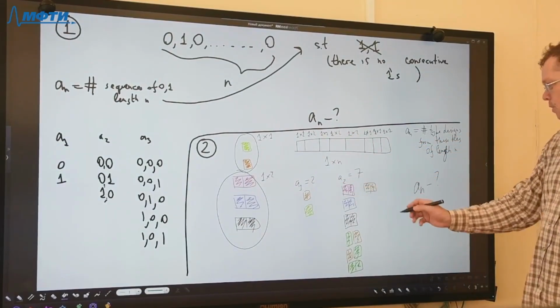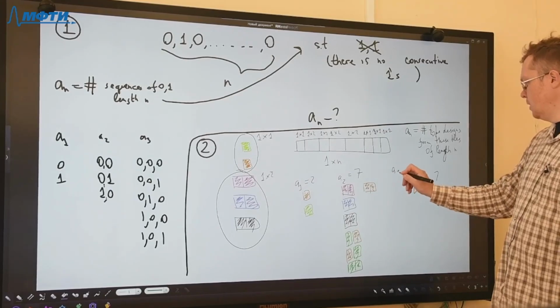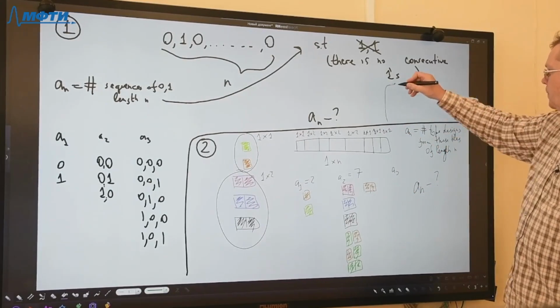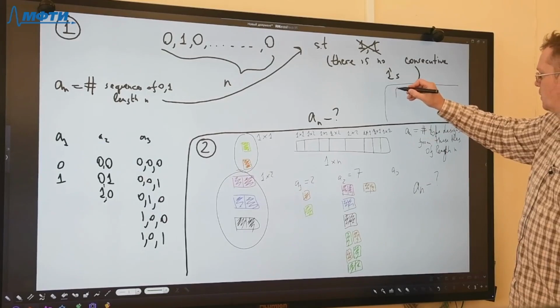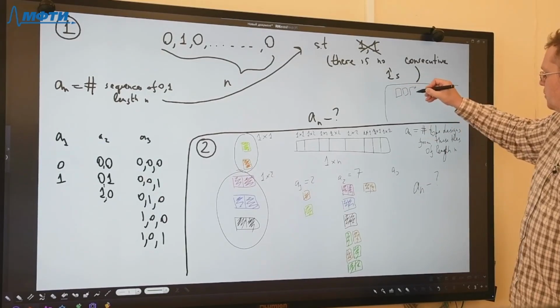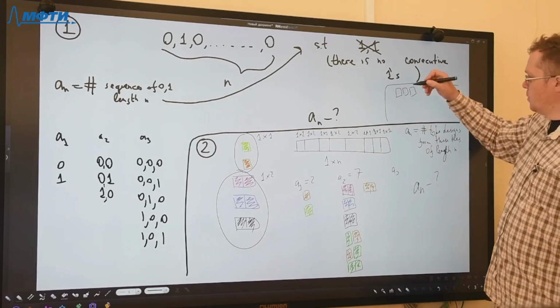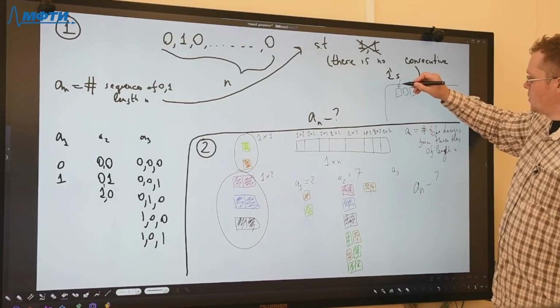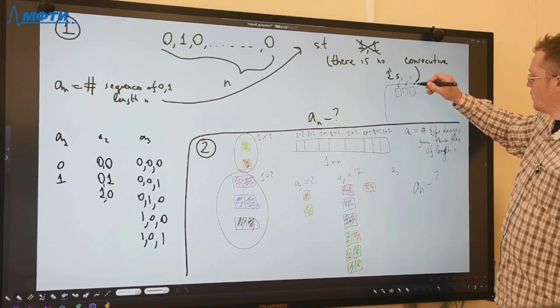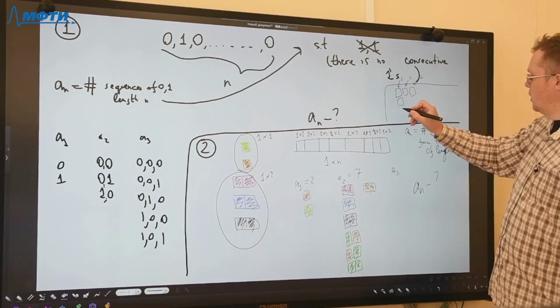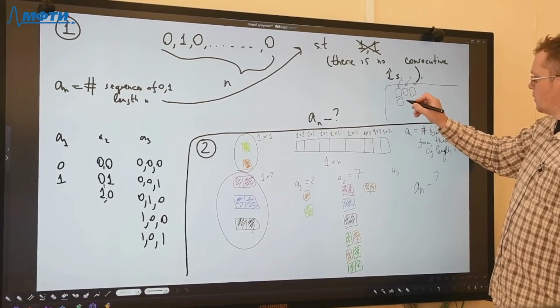So for example, if I want to calculate A3, I have these options. I can have all tiles of length 1. Here I have 2 options of colors, 2 options, 2 options. Or I have 1 tile of length 1 and 1 of length 2.